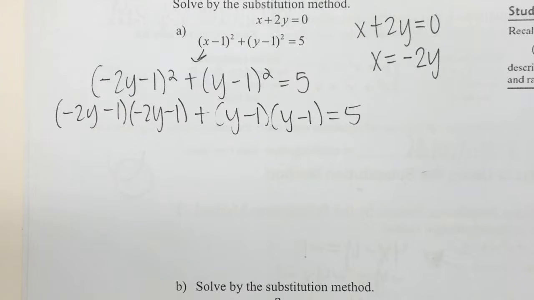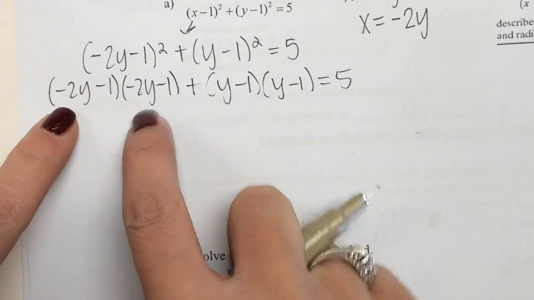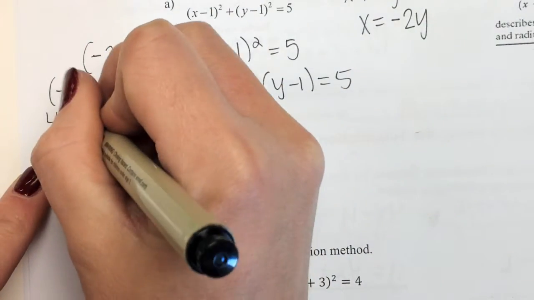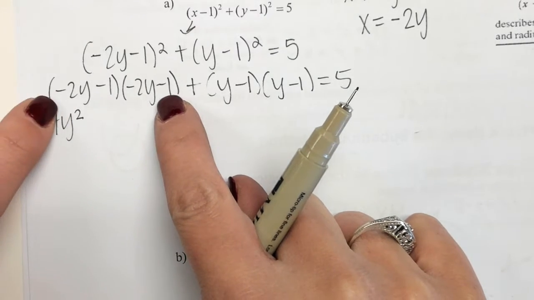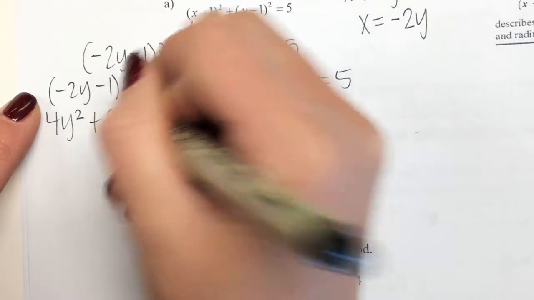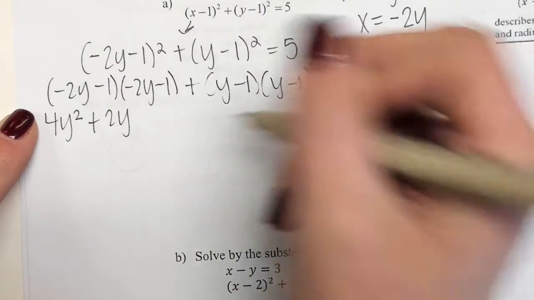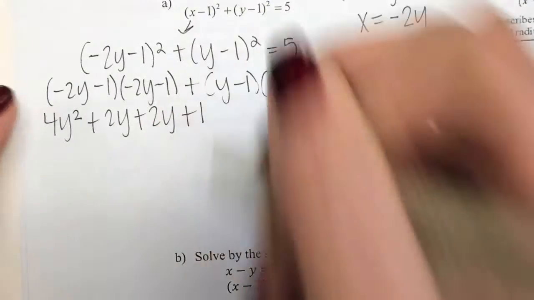Alright, let's fold it. So my first terms multiplied together would be what? Perfect. What about outer? Negative 2y times negative 1. And inside? And last? Very good.